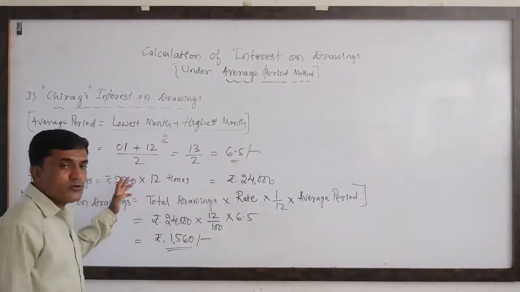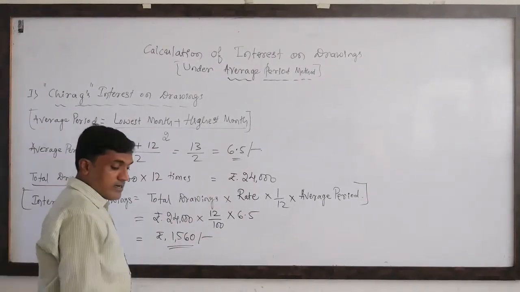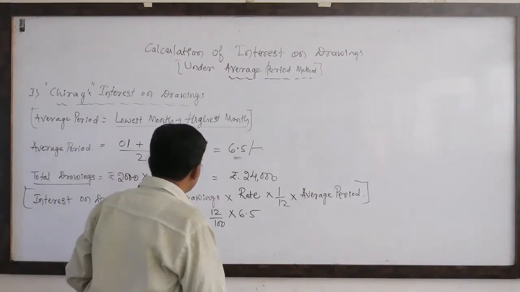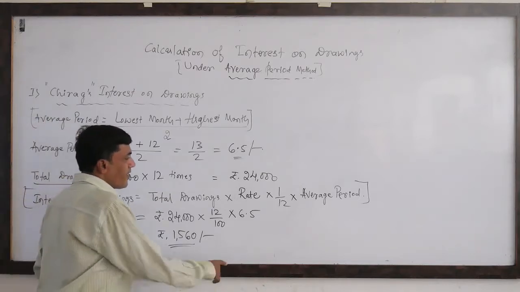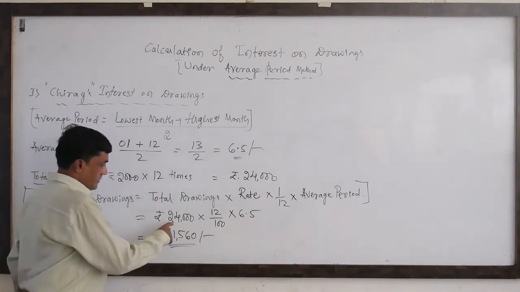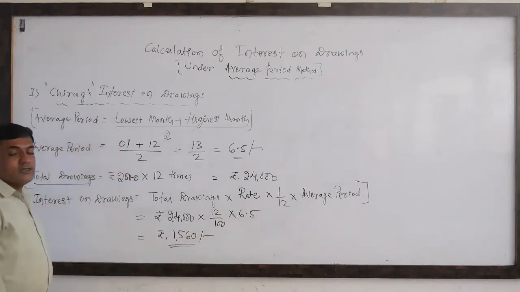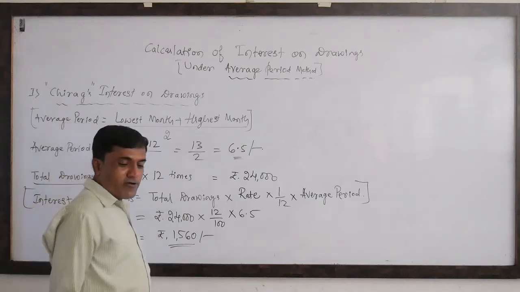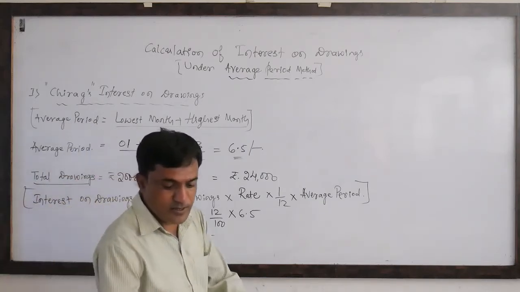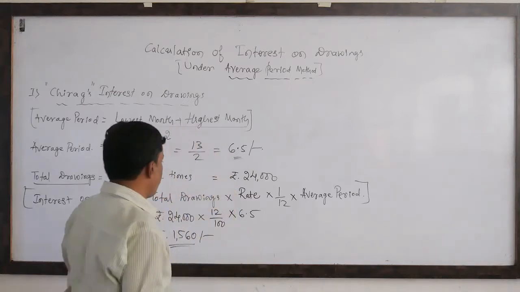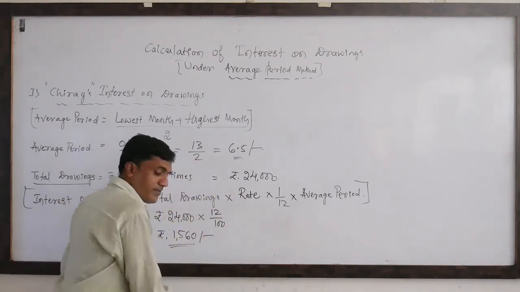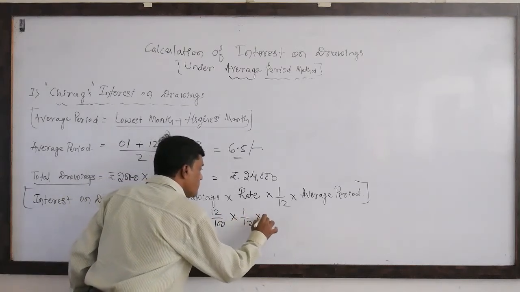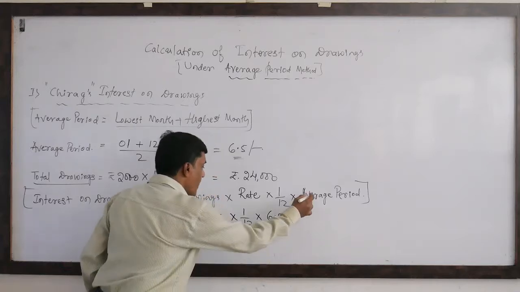Now I would like to remove this. Let us see the second partner's interest on drawings. Okay, dear students, I am extremely sorry, I have forgotten to write 1 by 12 in the last step. Do not worry, mentally I had written it, but physically I forgot to write. So one more step: 1 by 12 into 6.5, the average period.